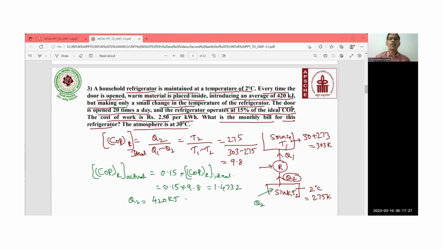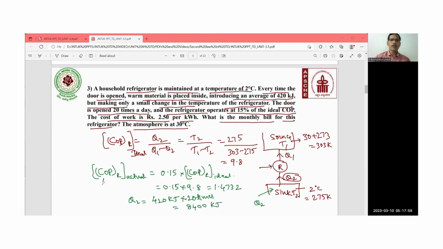The door is open 20 times a day. So 420 kilojoules is for one time, and you are opening it 20 times. So Q2 is around 8,400 kilojoules.